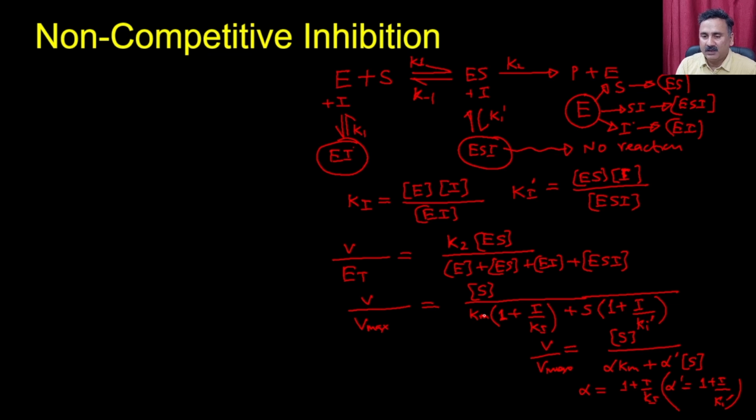Since we don't want to make this so complicated, we have just taken alpha as the substitute for this. So V by Vmax equals substrate divided by alpha Km plus alpha prime S. This is a very important equation for non-competitive inhibition.